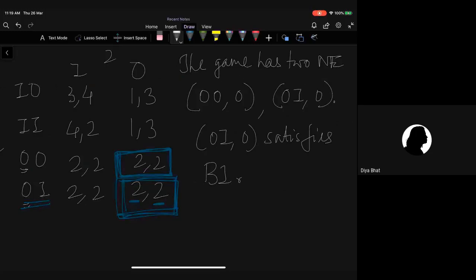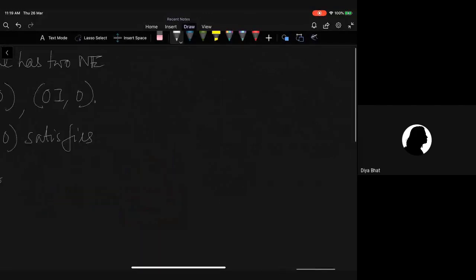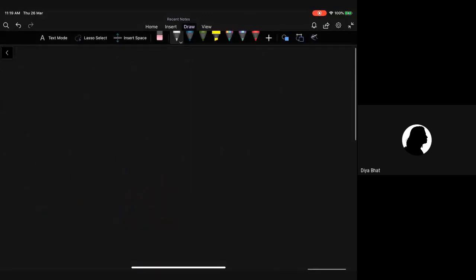Let's solve another one, a bit more complicated. I mean, not that complicated, but marginally more. So first one moves.